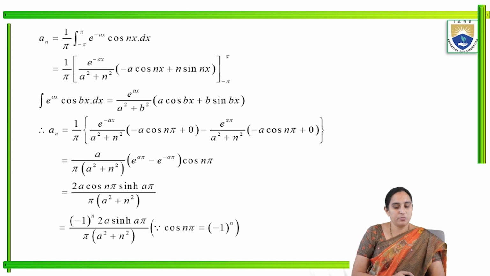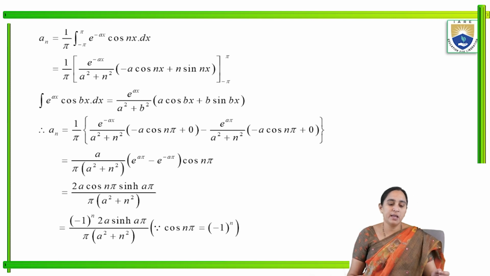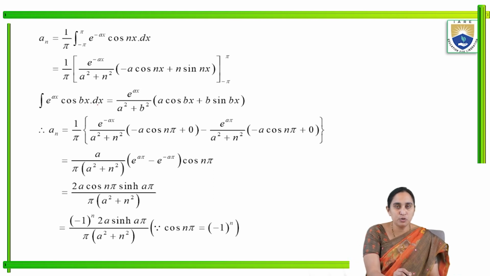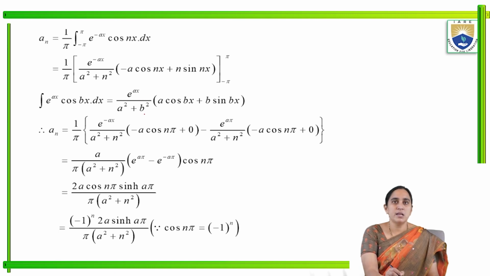Next, an value: 1 by pi into integral minus pi to pi e power minus ax into cos nx dx. Here the function is e power minus ax. For finding an after substituting the function within the limits minus pi to pi, there is a direct formula: integral of e power ax into cos bx dx is equal to e power ax by a square plus b square into a cos bx plus b sin bx.